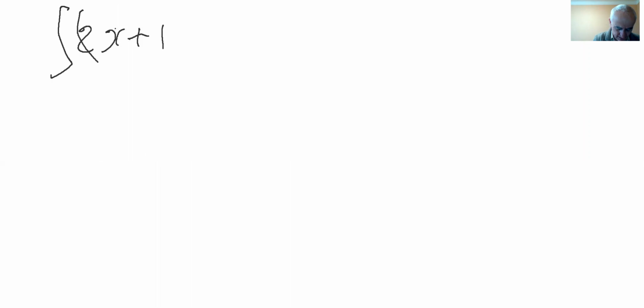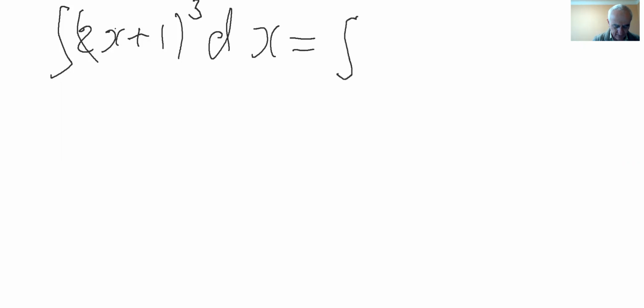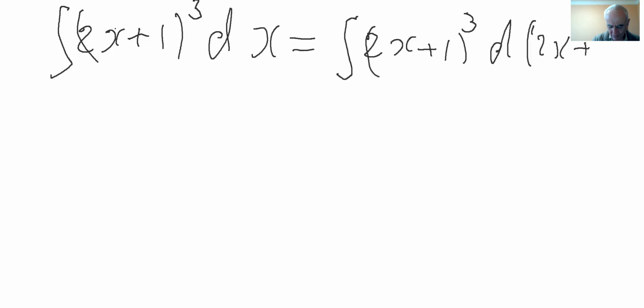Integral (2x plus 1) to power 3 dx, it equals. And now let me write down the integral (2x plus 1) to power 3 d(2x plus 1).